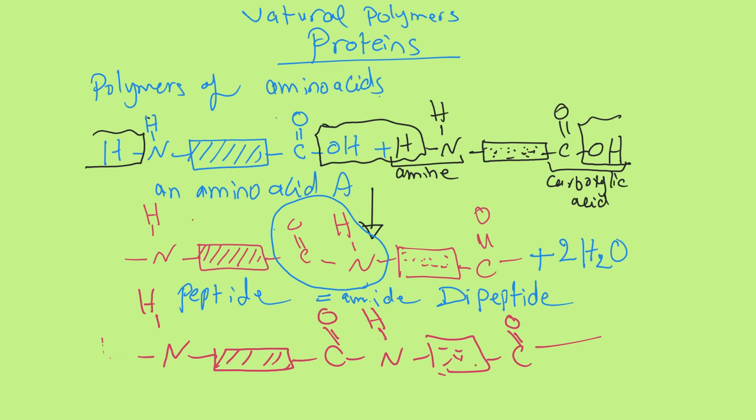So we put this between two brackets and write n. So this is polypeptide. So now you get the difference when you are asked to just draw polypeptide or draw dipeptide.